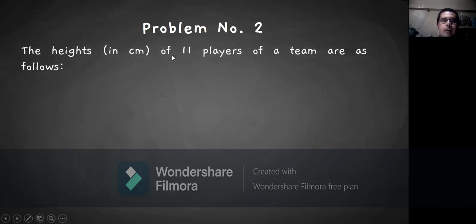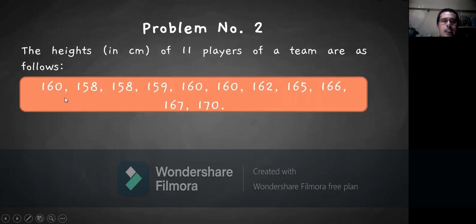Next, the heights in centimeters of 11 players of a team are as follows: 160, 158, 158, 159, 160, 160, 162, 165, 166, 167, and 170. Probably the data is not arranged in order, so we are going to arrange it in either increasing or decreasing order.